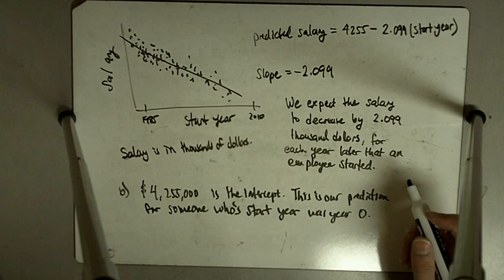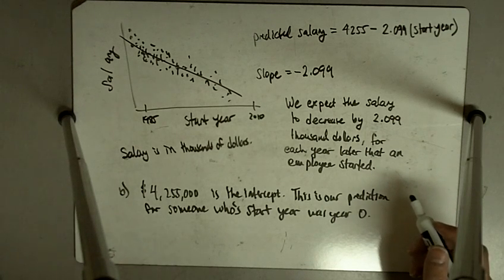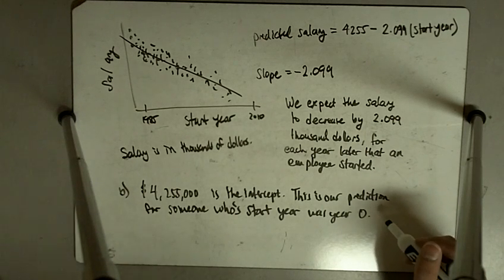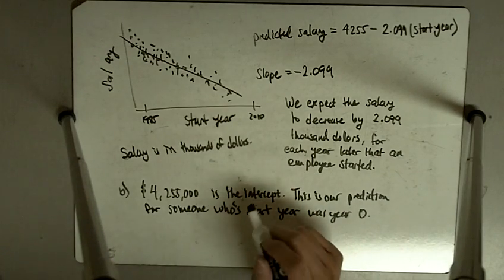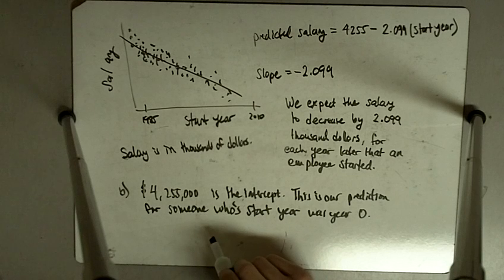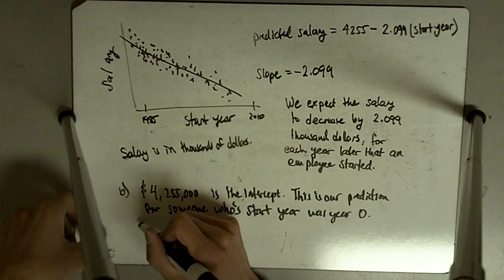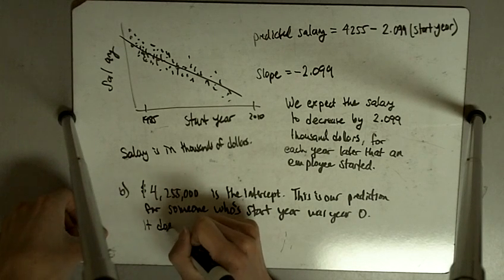That just doesn't make sense. It doesn't make sense to try to make a prediction for someone who's been working since the year 0. The other thing is, we don't have any data for anyone who started working before 1985.